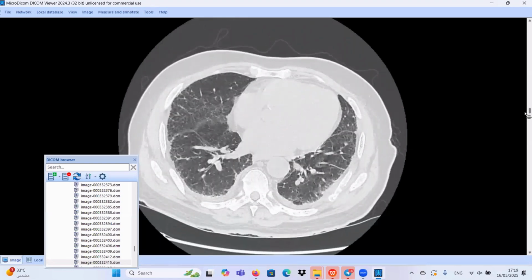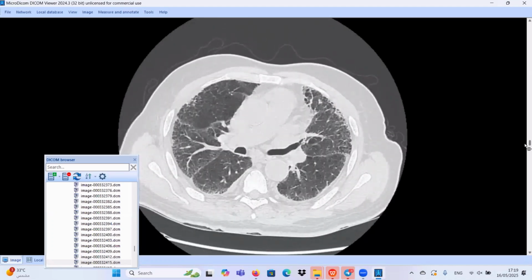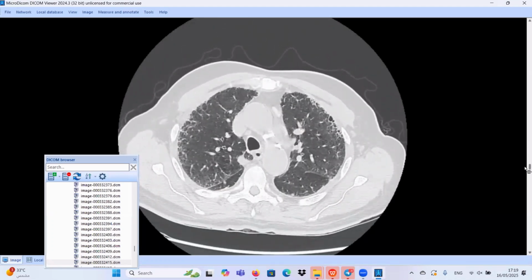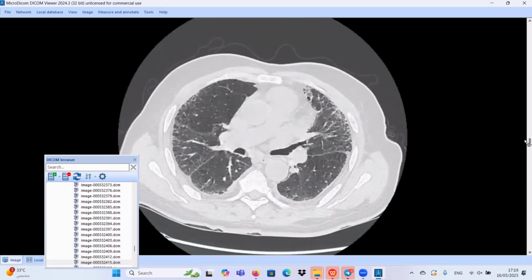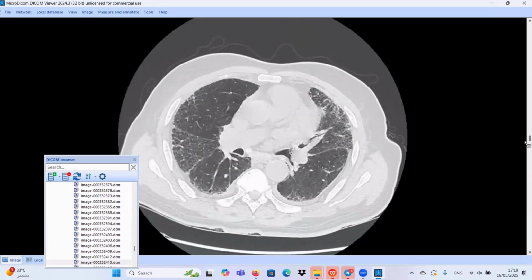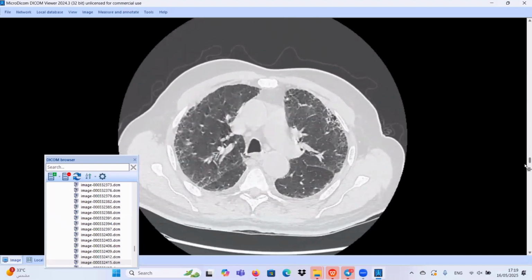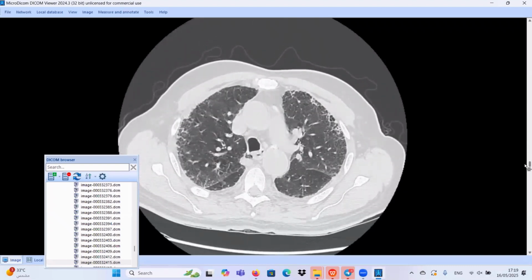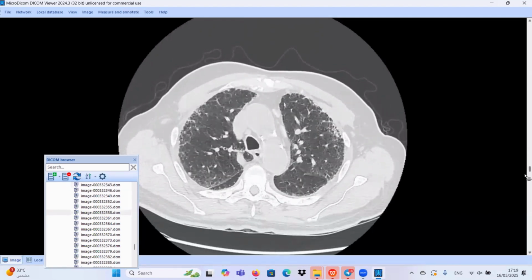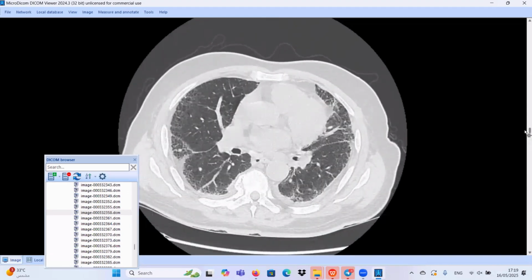So as you said, we have interstitial reticular infiltrates, more pronounced at the subpleural region, associated with cystic honeycombing areas and parenchymal distortion.